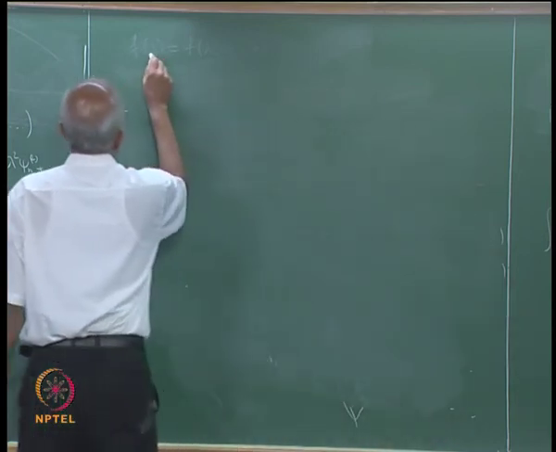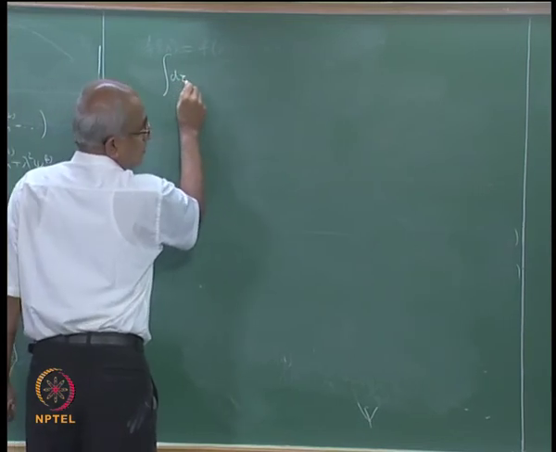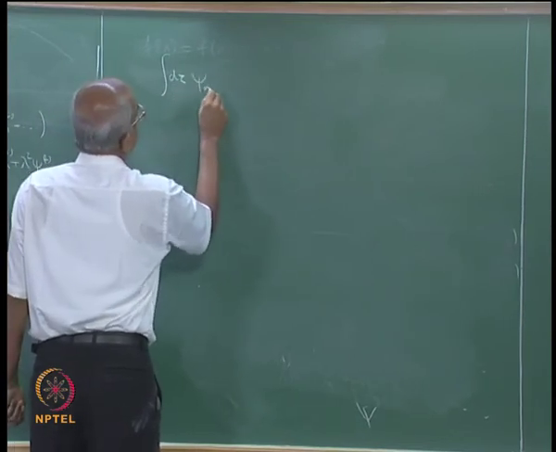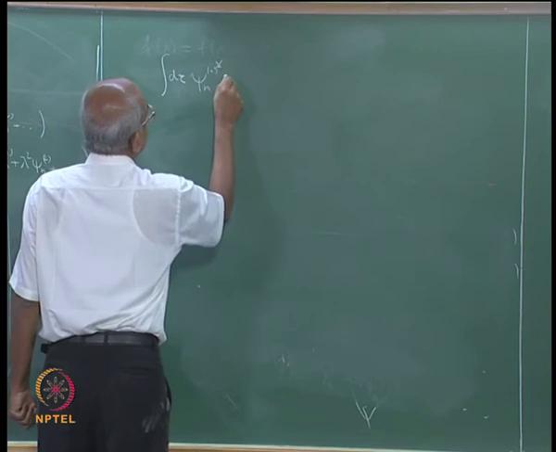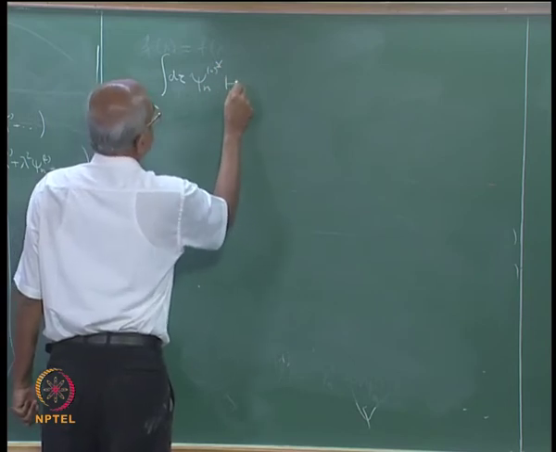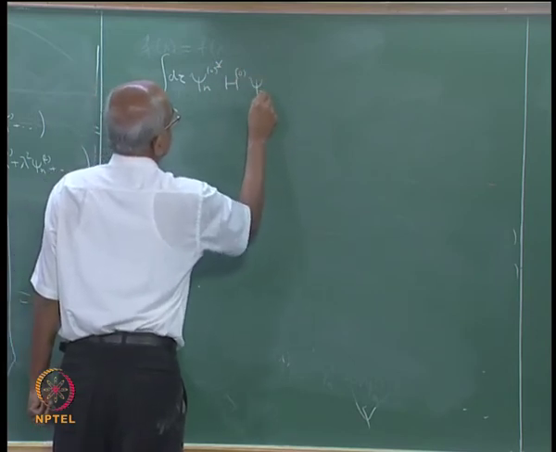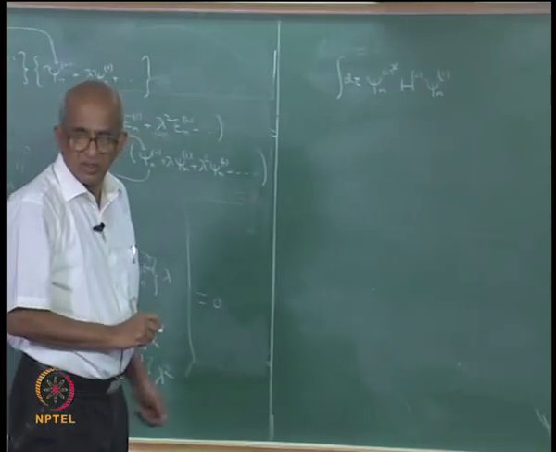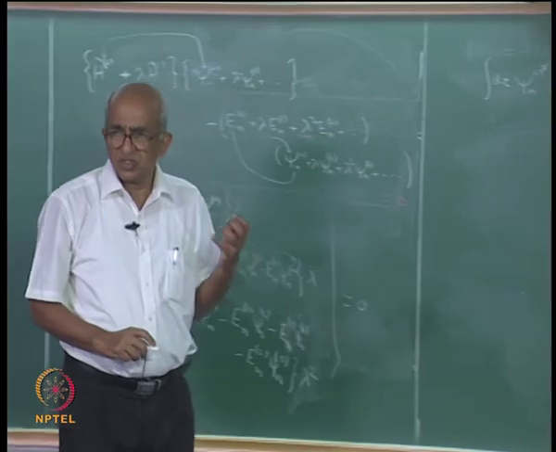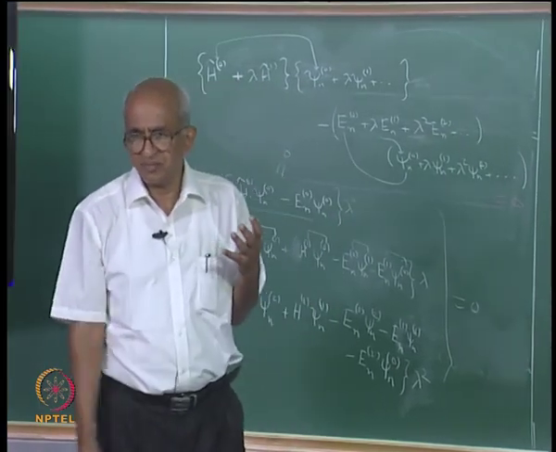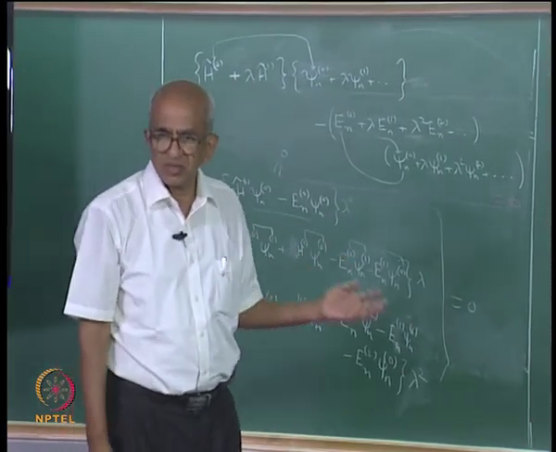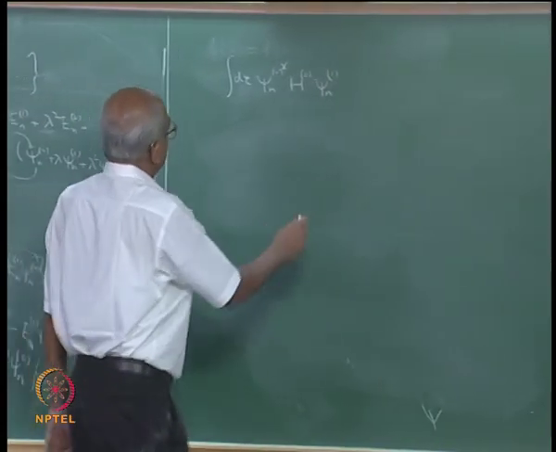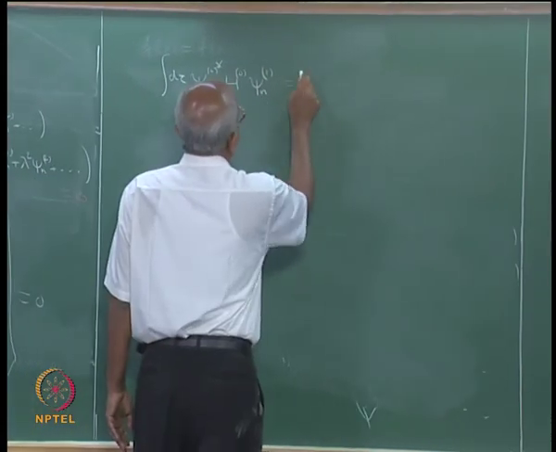The integral that I have is the integral d2 psi n0 star H0 psi n1. This is the object that I have. But I know that H0 is a Hermitian operator. So, I can make use of the properties of the Hermitian operator. How will I make use of them?